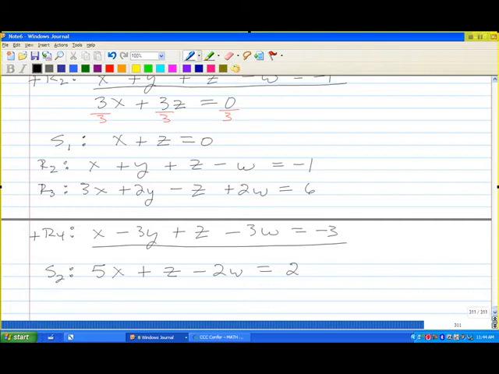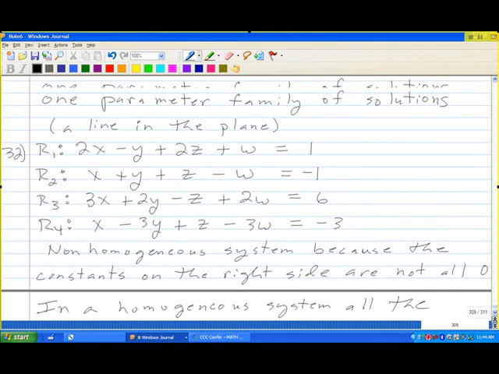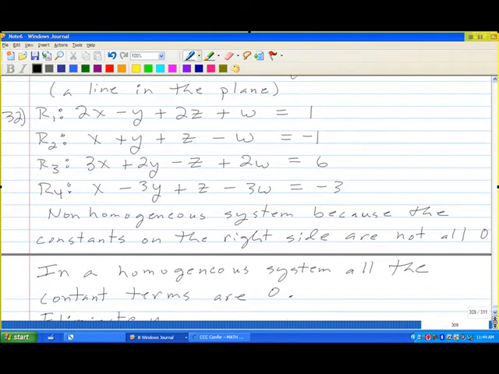And lastly, I have to find one more equation where I have eliminated my y. So if I look up here, I can multiply the first equation by 2 and add it to the third equation. That'll eliminate y.